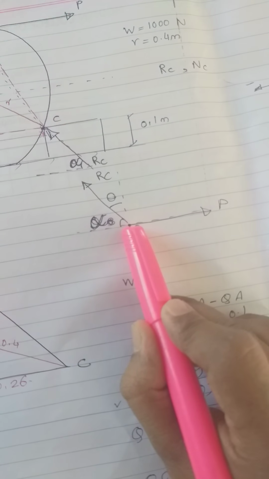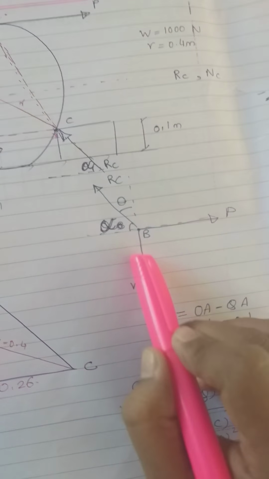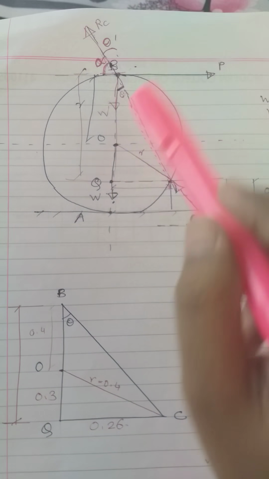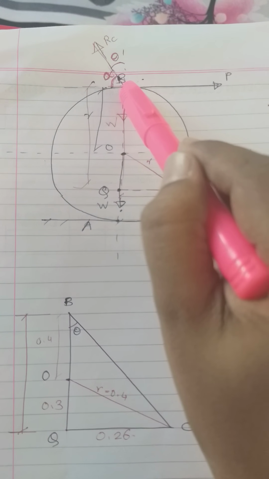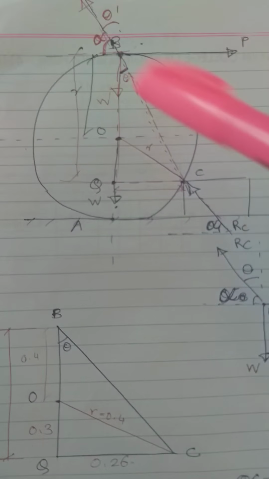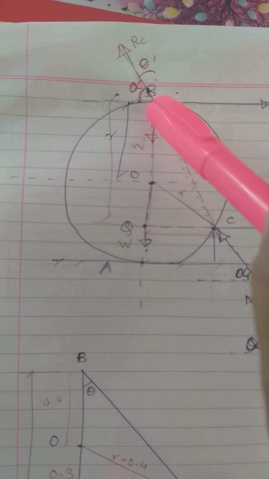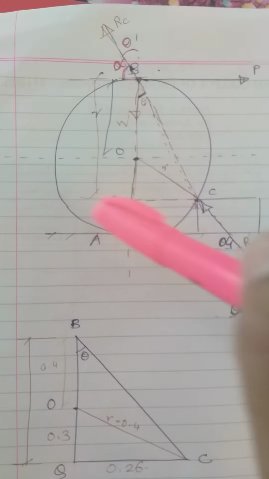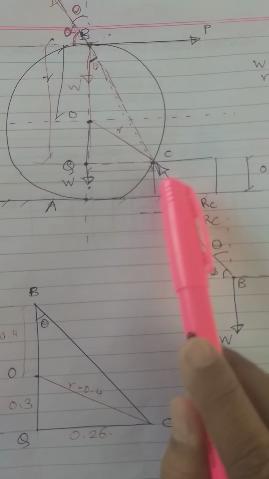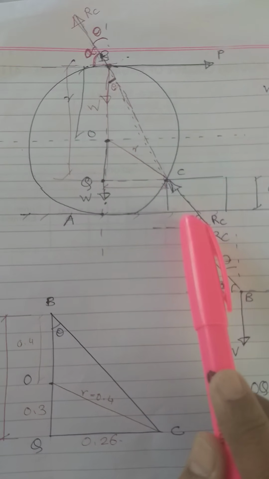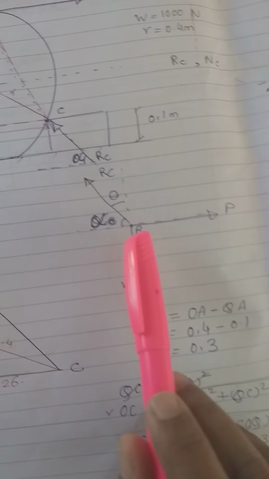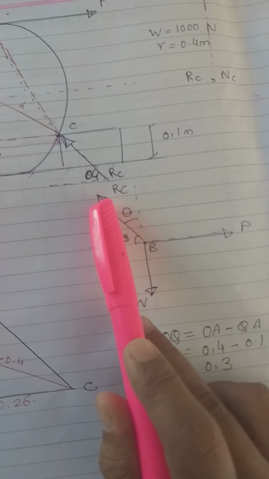So I have drawn this P force and this W. Now if we consider this is in equilibrium, and these two forces are meeting at this point, that means the third force is definitely going to pass through this point only, and then these three forces keep this body in an equilibrium state. That means this reaction is definitely going to pass through this point B. So I have drawn this as RC.